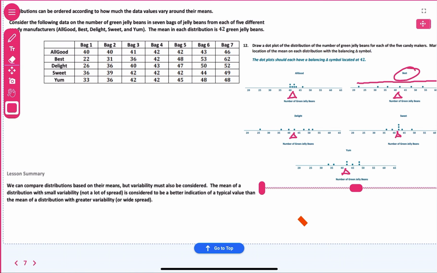So the mean is a good indicator when it's a small spread or a small variability. It's not a real good indicator whenever it's a great spread.